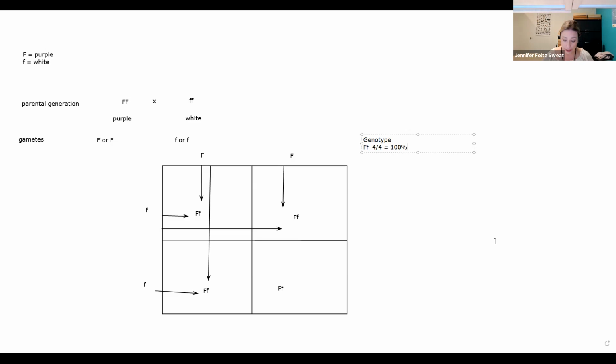And then let's look at the phenotypic ratio. Phenotypic means physical. Since capital F is purple, that's your dominant allele. If there is a capital F present in the genotype, the flower will be purple. So all of the flowers in the F1 generation will be purple because they are all big F, little f.